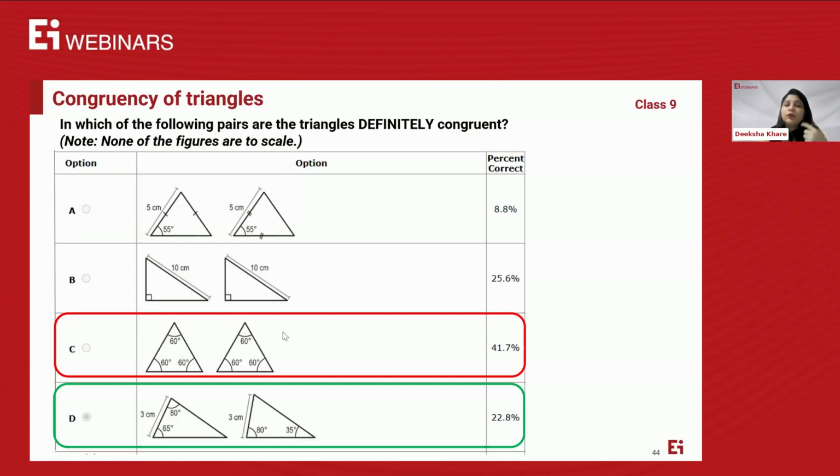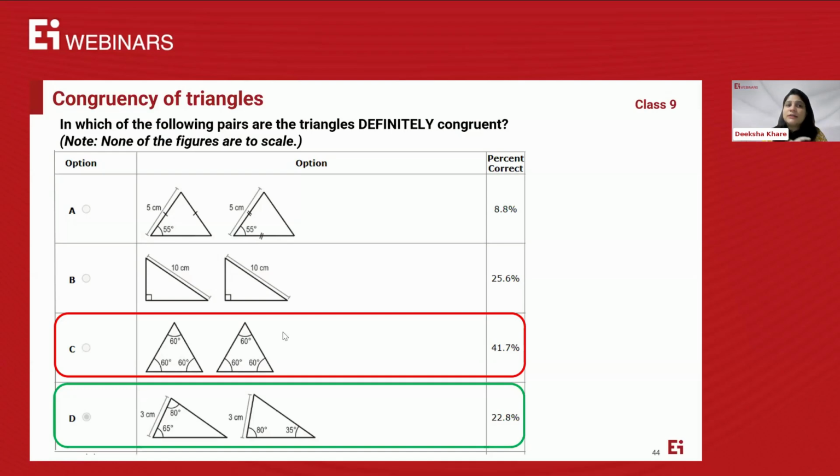Now, what could have led to this? Number one, students incorrectly relating AA similarity criteria for congruence criteria. They think that AAA criteria is applicable for congruency, but it is not applicable for congruency.